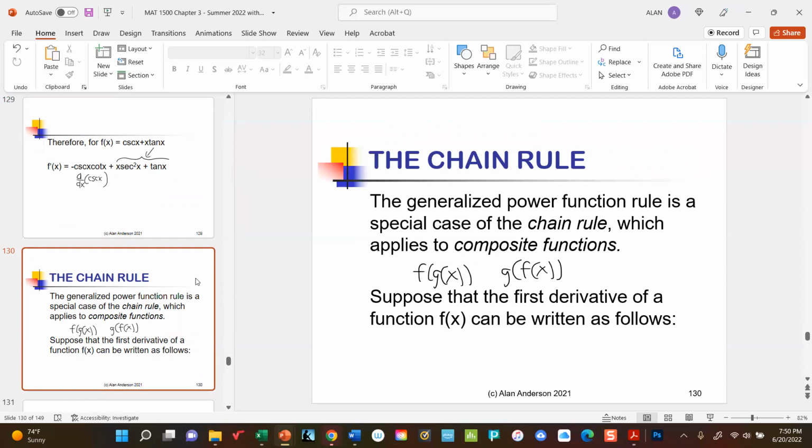And so this chain rule is used to come up with a derivative for a composite function. For example, what is the value of f prime of g of x? What is the value of g prime of f of x? For that, we need something more complicated than what we've been doing. And there are special techniques we can use to come up with our results.